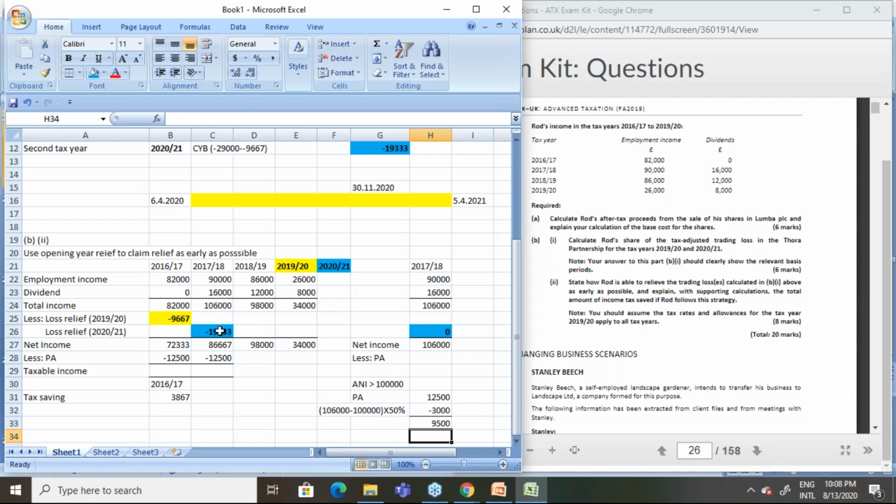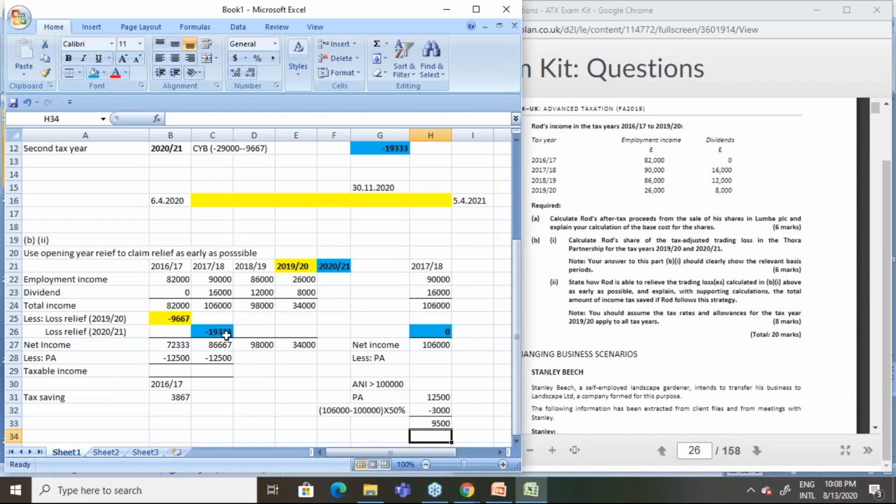Because of the loss relief, my net income became 86,667. Therefore, my adjusted net income is equal or less than £100,000. As a result of that, I was able to secure full personal allowance of 12,500.